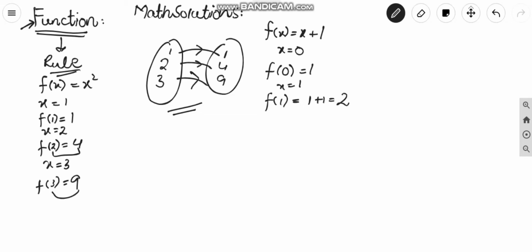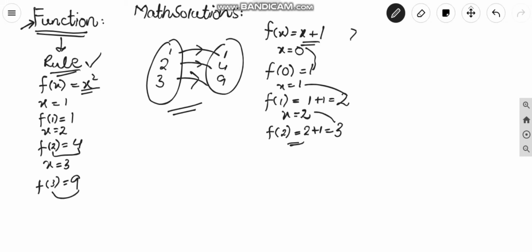So our function has related 0 with 1 and 1 with 2. When we put x equal 2, our function will return 2 plus 1, that is 3. It means that our function has related 2 with 3. So basically a function is simply a rule. We are discussing real valued functions.